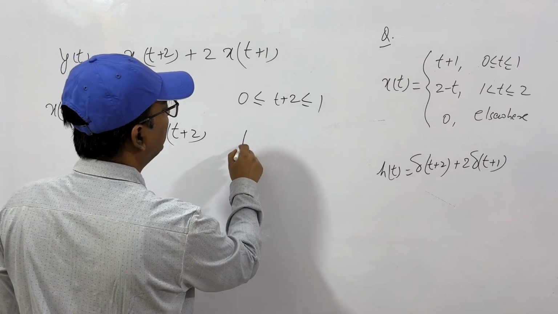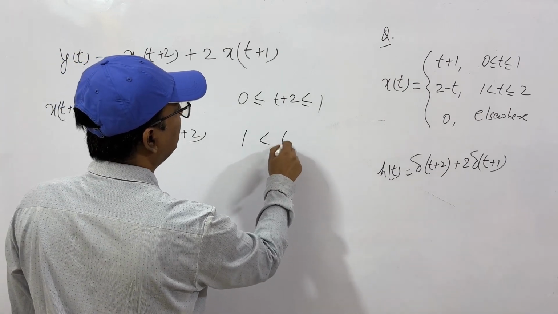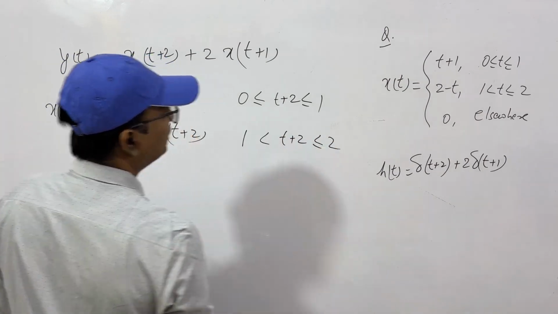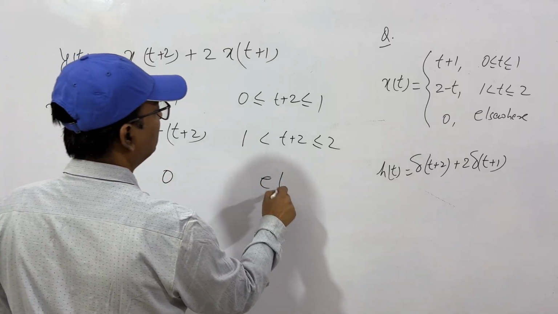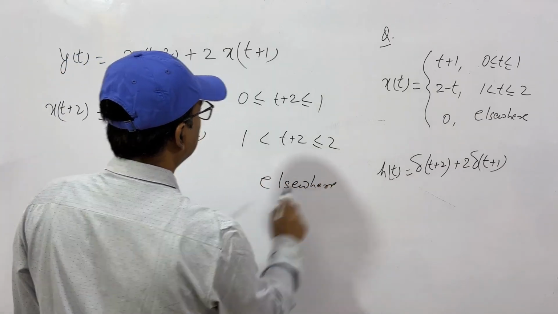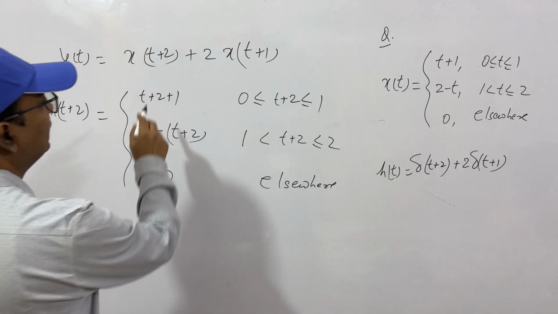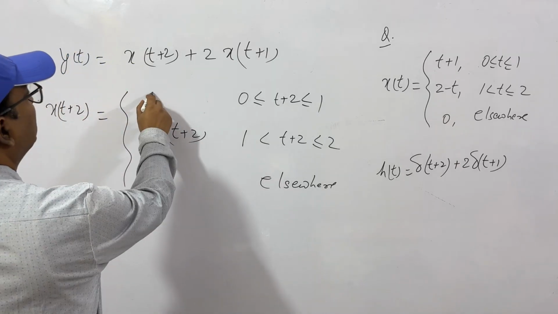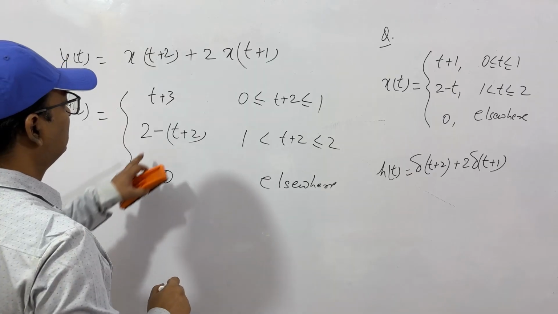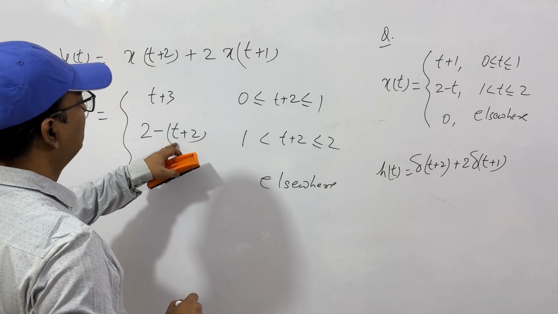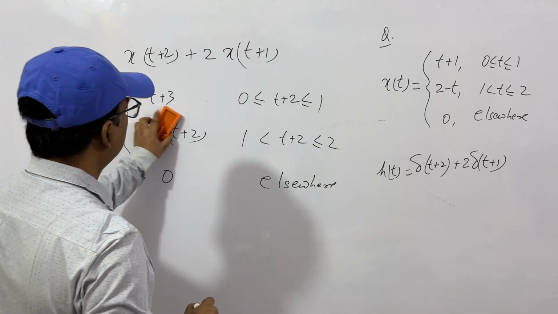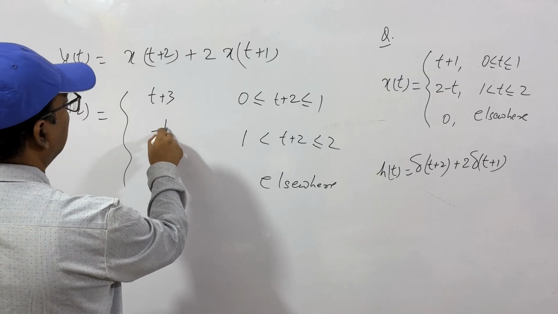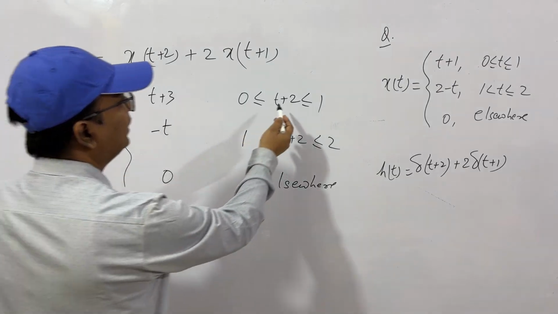The limits are 1 to t plus 2, and then 0 elsewhere. Let's understand this signal. This is now what? t plus 2 plus 1, so this means t plus 3. This is 2 minus t minus 2, so 2 minus 2 is 0, so this is minus t. And this is 0 to t plus 2.